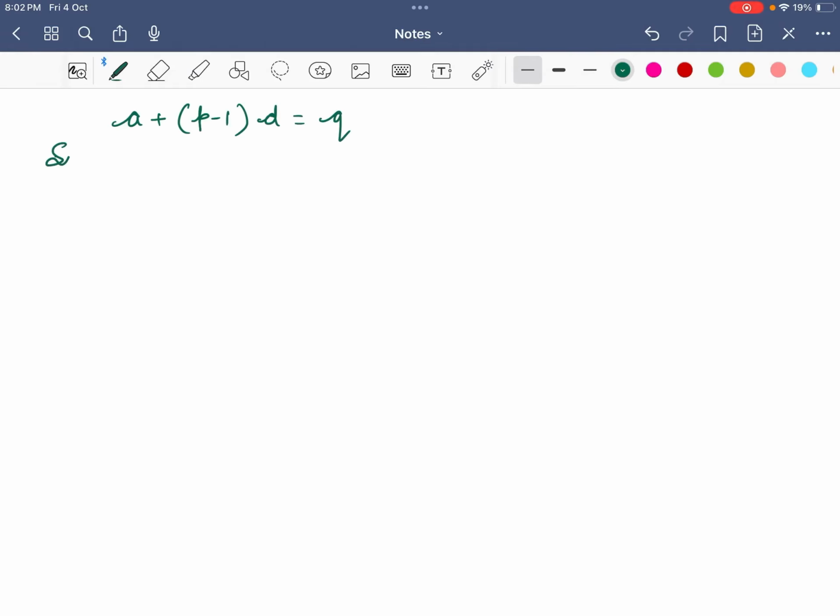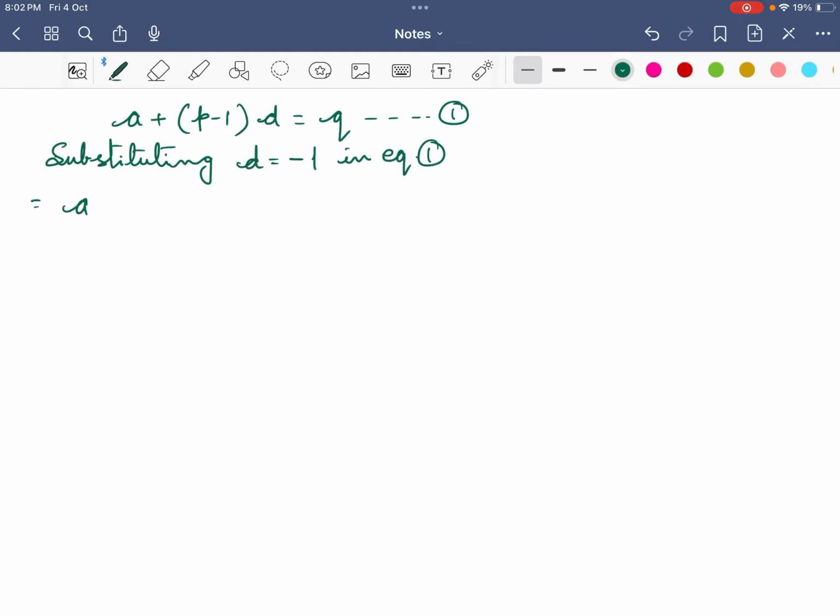Okay, now substituting d is equal to minus 1. This is equation 1 now. In equation 1, so what will happen?